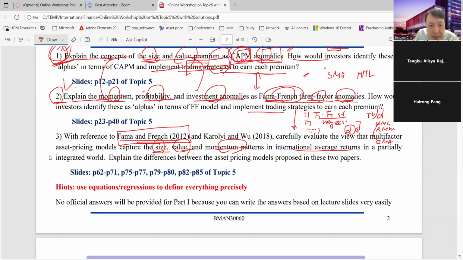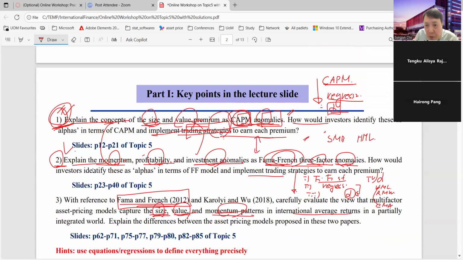And they identify size and value premium and momentum premium, the momentum anomaly using world CAPM. How would you do that? So first define world CAPM, and then define regression based on world CAPM, and define the meaning of size and value momentum. Because now this is about international market, you need to form these 3 using global stock, and you need to explain that in terms of alpha, right? So that's Fama-French three-factor model.